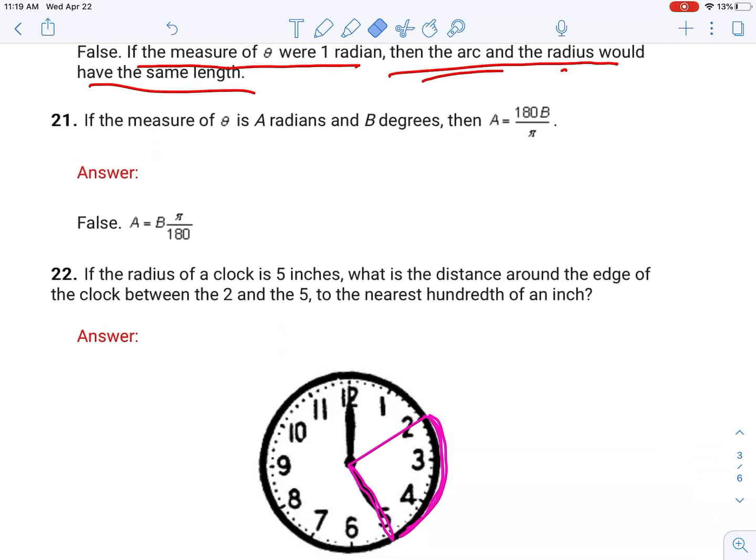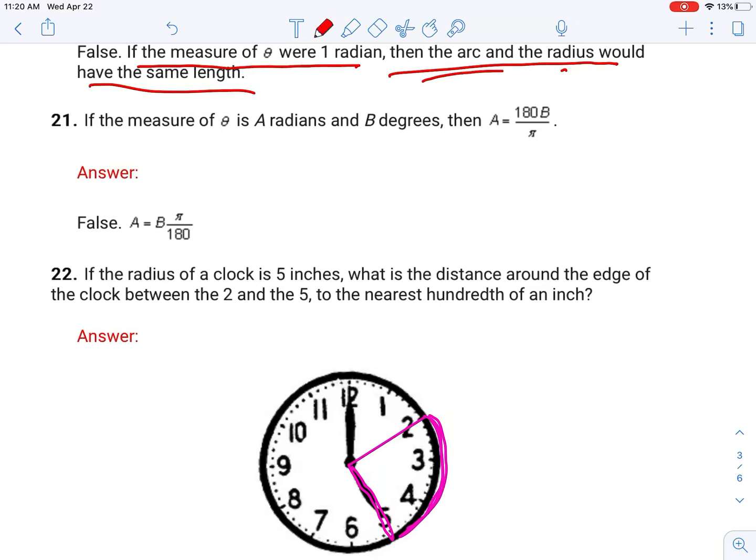21. If the measure of theta is a radians and b degrees, then a is equal to 180b over pi, okay? So this is a little abstract, so let's think about this. If the measure of angle is a radians and b degrees, let's think of two that are the same.